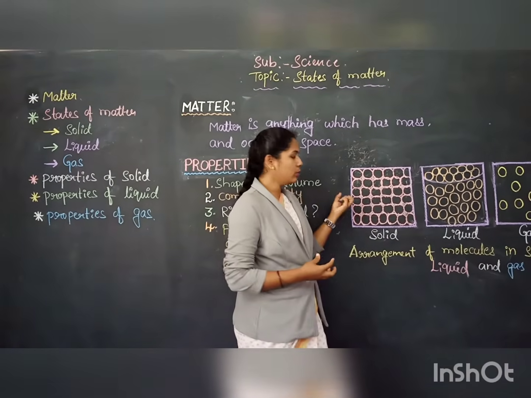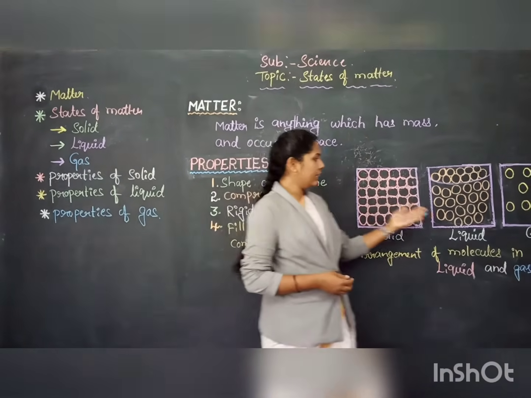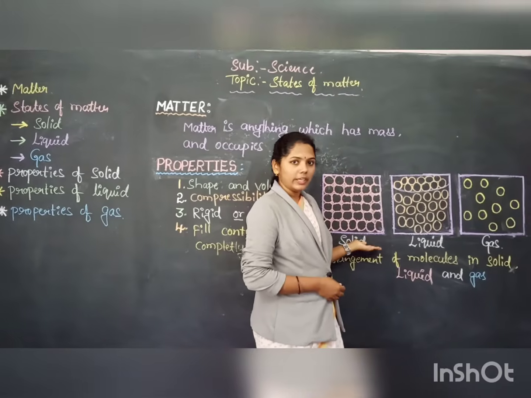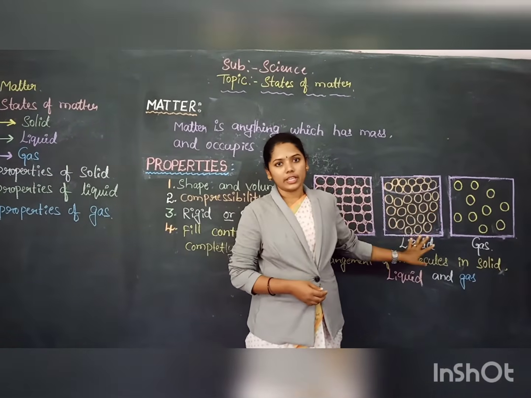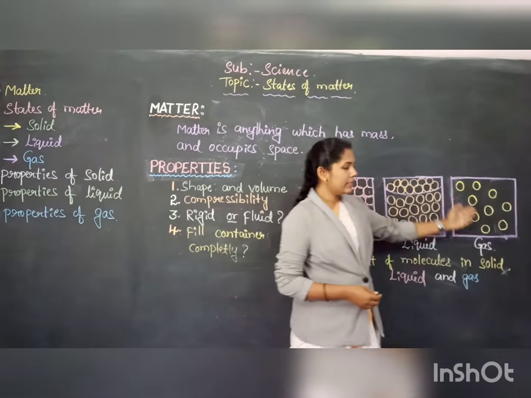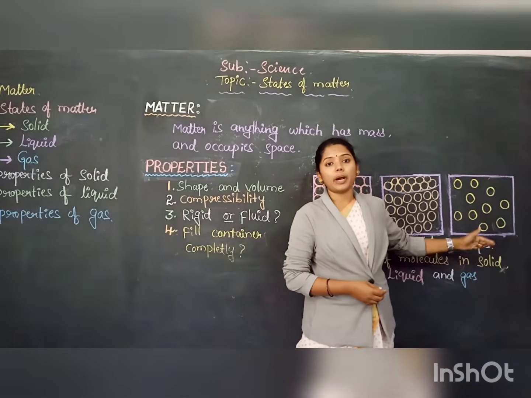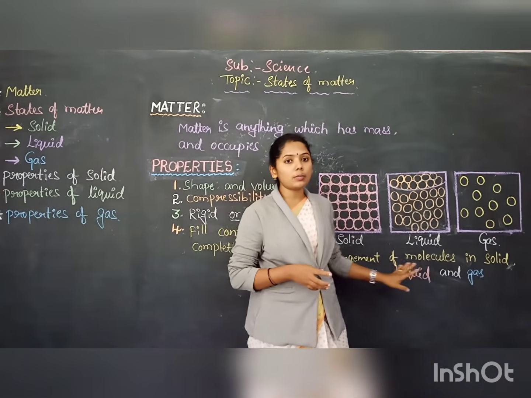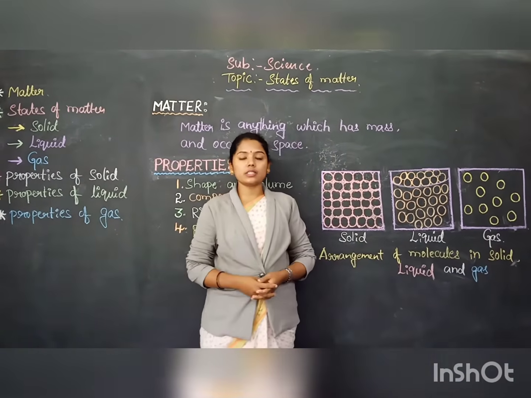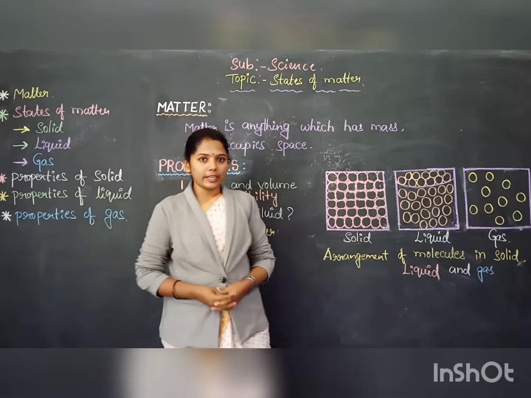They are attracted by a force. And in the liquid, as compared to the solid, the molecules are arranged a little more freely. And in the gaseous state, the particles are arranged very freely. This is about the arrangement of molecules in solid, liquid and gas.